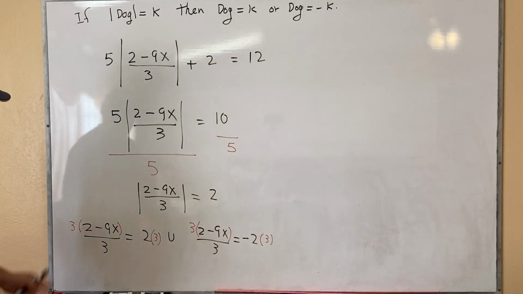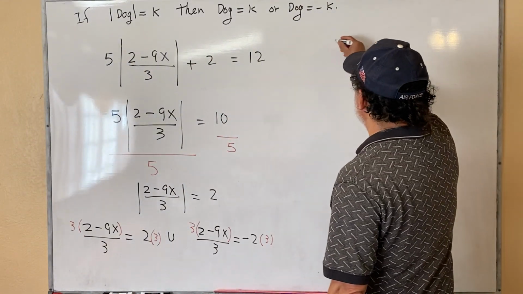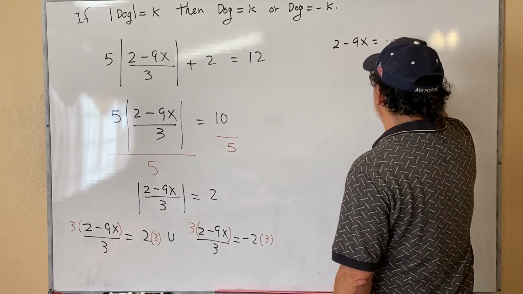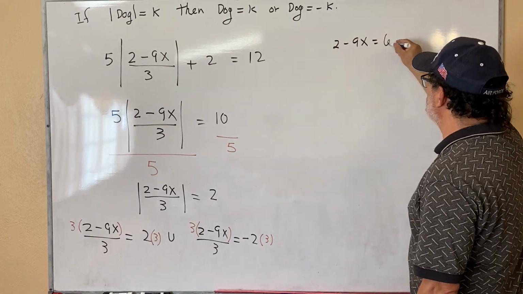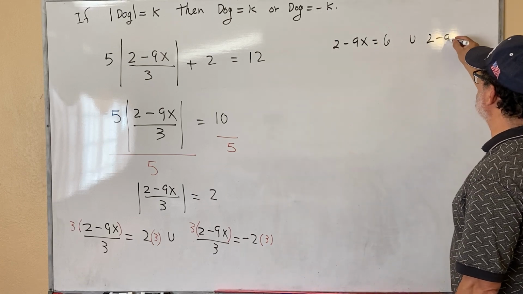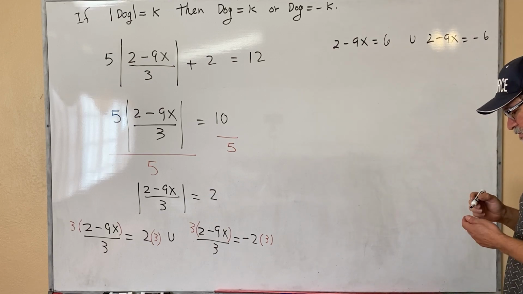Okay. The 3's cancel. And so what do we get? 2 minus 9x equals what? 6. Or 2 minus 9x equals what? Negative 6.